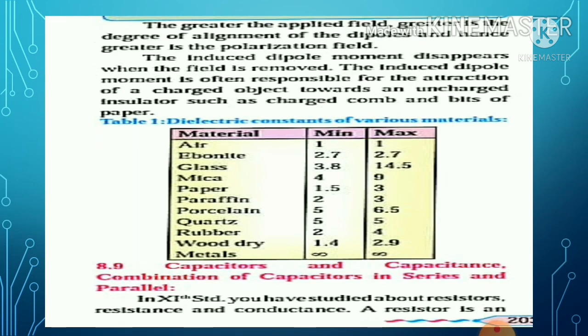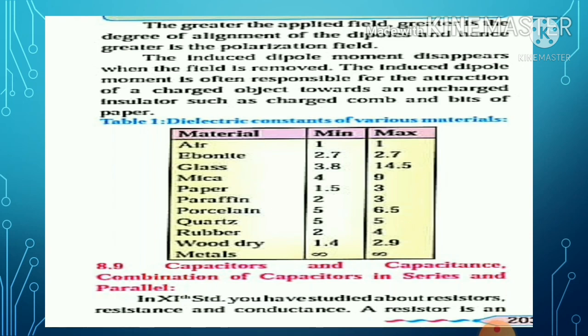Then the next dielectric material is porcelain. In porcelain, minimum value is 5 and maximum value is 6.5. Then the next material is quartz. Minimum value of dielectric constant is 5 and maximum value is also 5. Then the next material is dry wood.